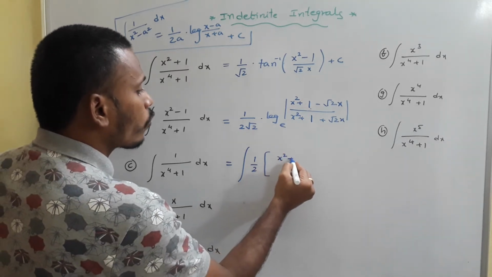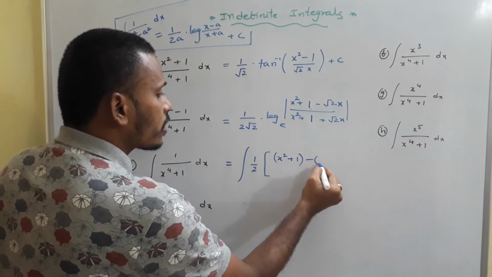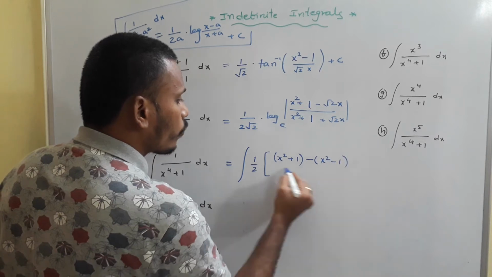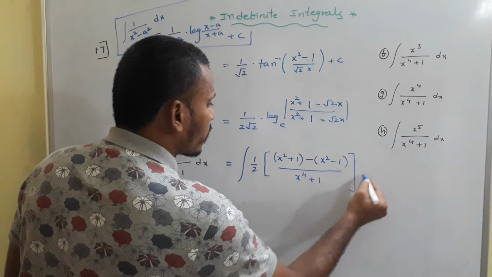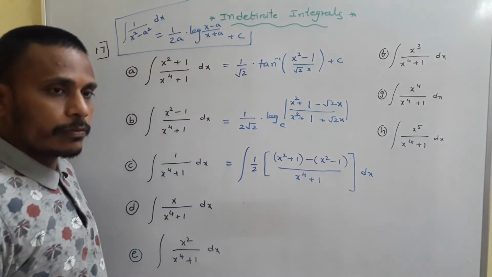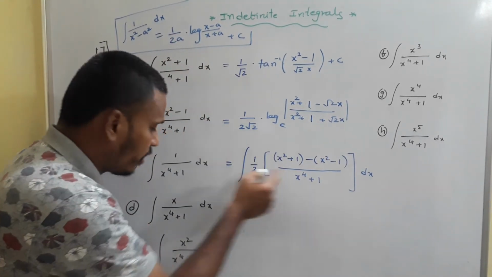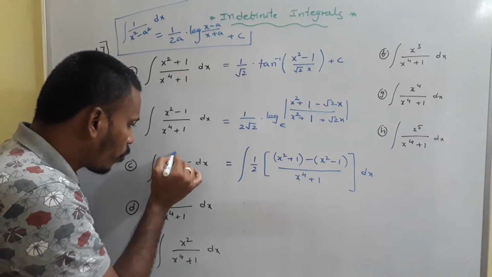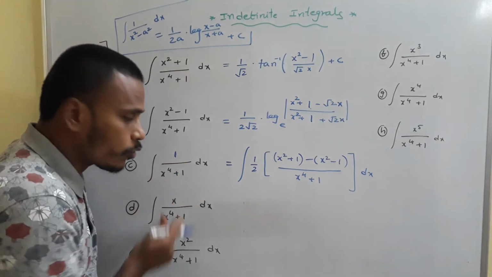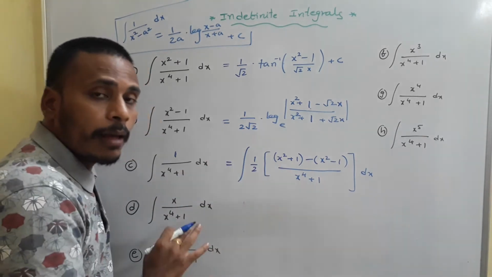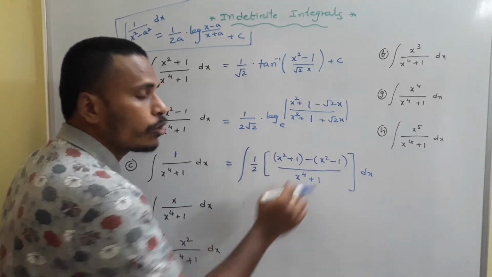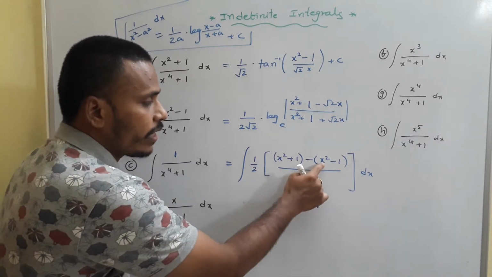Integral of x square plus 1 minus x square minus 1 divided by x power 4 plus 1 dx. That's it. If you simplify this, I am just rewriting 1 by x power 4 plus 1 in such a way. X power 4 plus 1 is the denominator, balanced, and think about the numerator. X square and x square get cancelled.